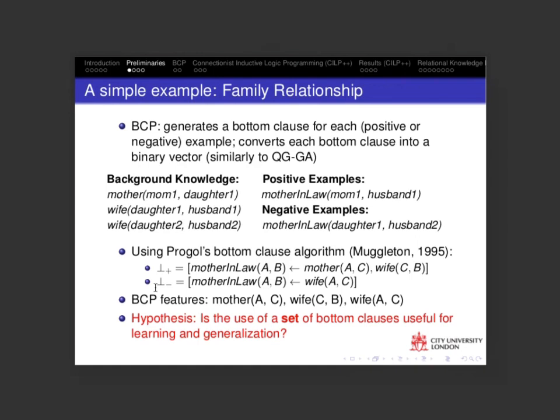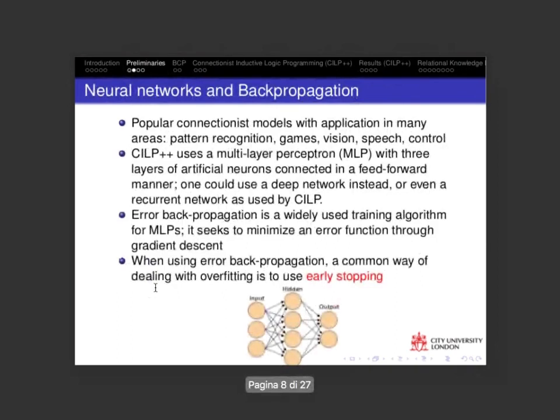Some people don't like the idea of using bottom clauses, but it seemed like a suitable approach for use with a neural net. So when I mentioned the macro operators, the key is that there's this choice of features, and now the features are these first-order literals. And that is key to the learning that will follow.